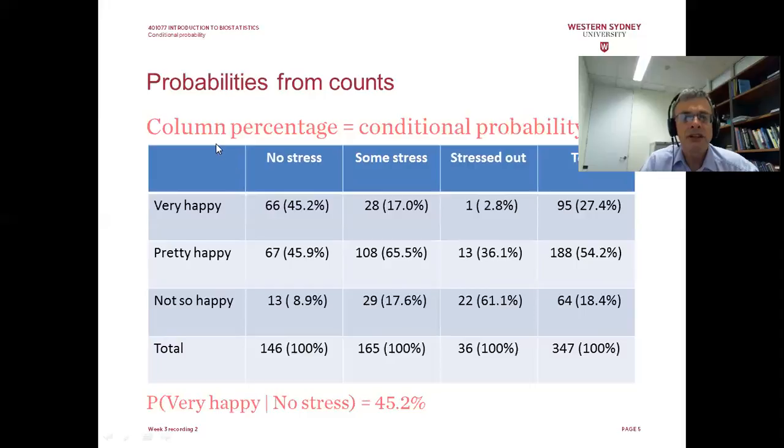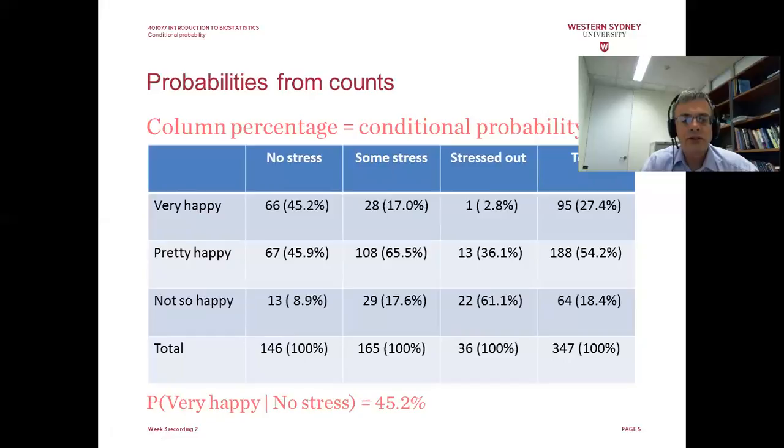Conditional probabilities work in the other direction as well. They work on the column percentages. So in this table, the percentages add up to 100% down each column. So of all of the no stress people, 45.2% of them are very happy, 45.9% pretty happy, and 8.9% are not so happy.